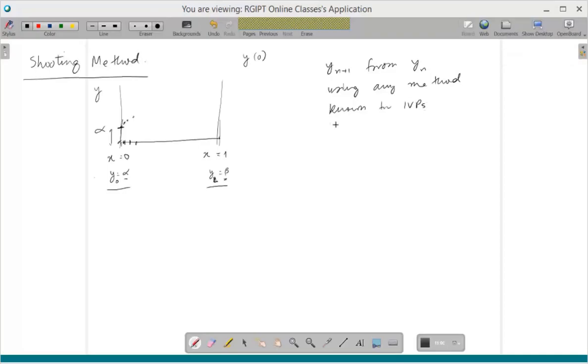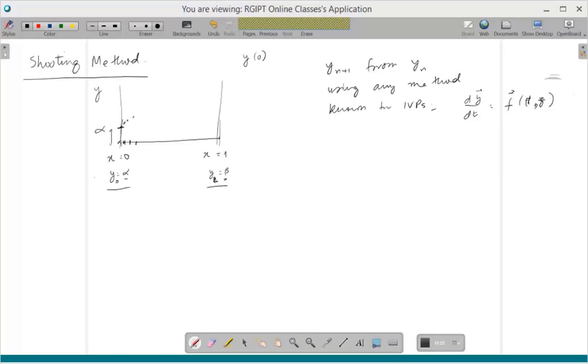But remember, IVP solves dy over dt equals f of t comma y, if you recall this. You can also have y prime, but let's have this.